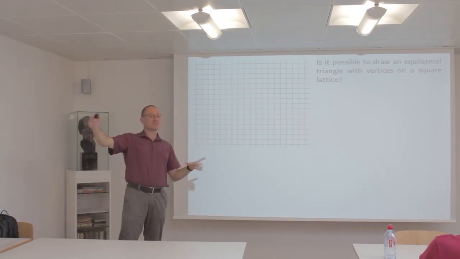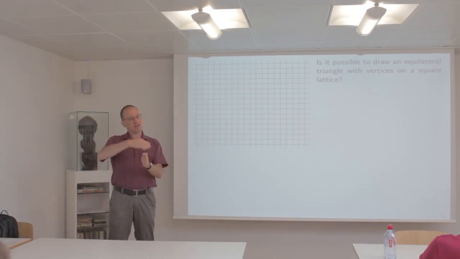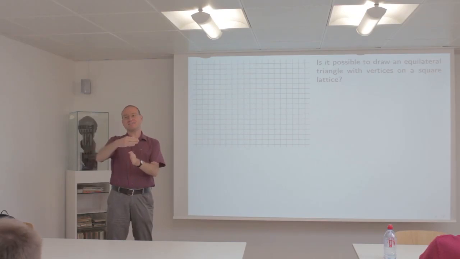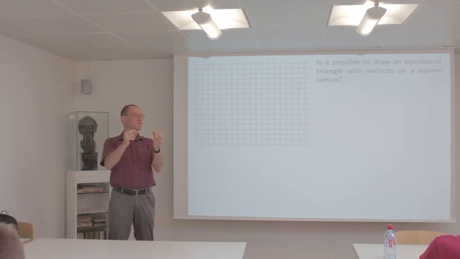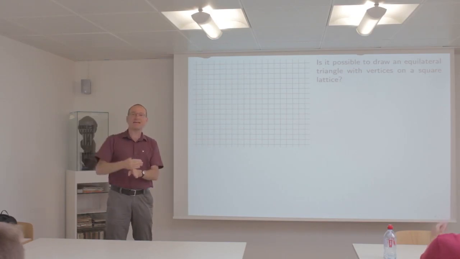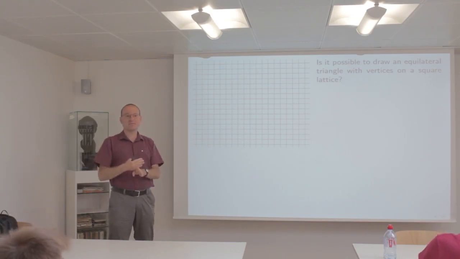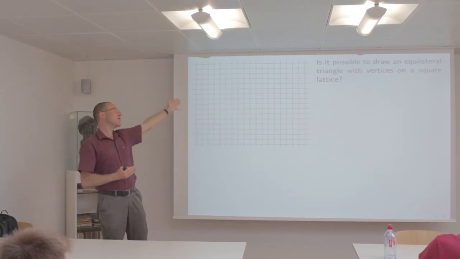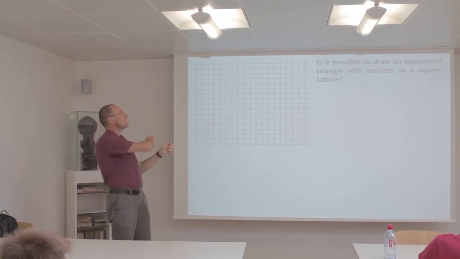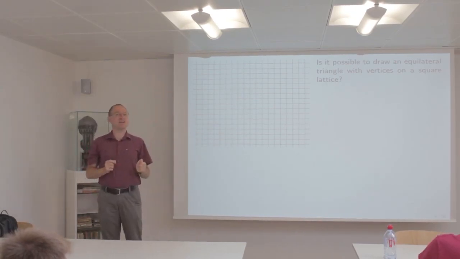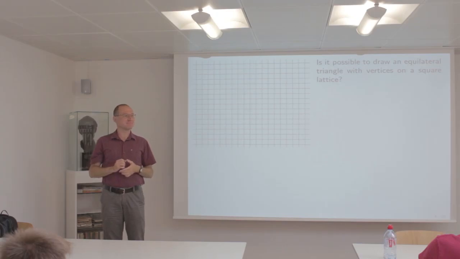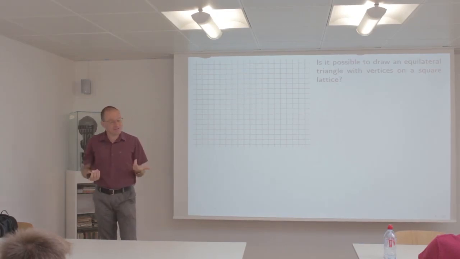Draw an equilateral triangle, and then can you, after that, draw a lattice, maybe with very tiny squares, so that the vertices are exactly lattice points? You can think either way. For now, let's think about the lattice being drawn, and now you try to fit an equilateral triangle. Can you do that?